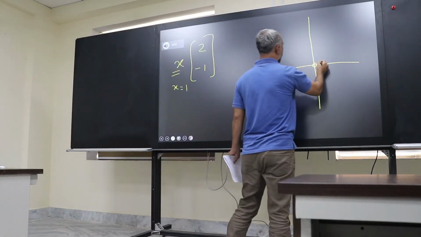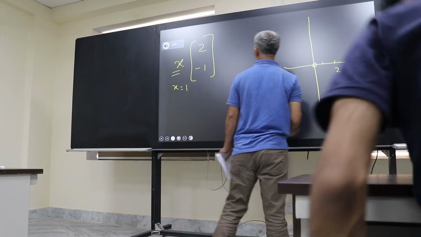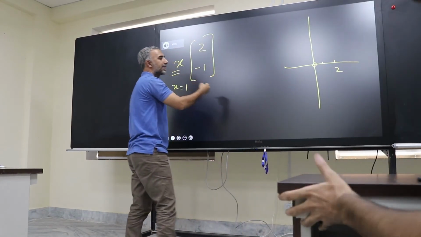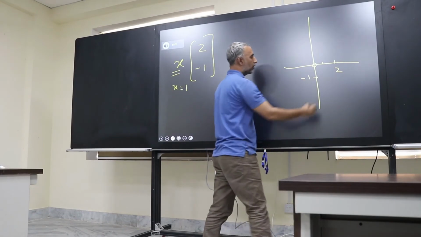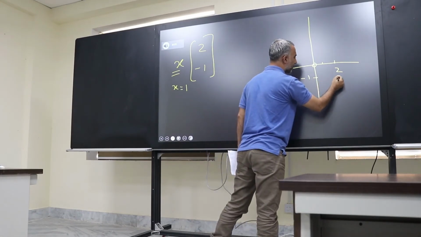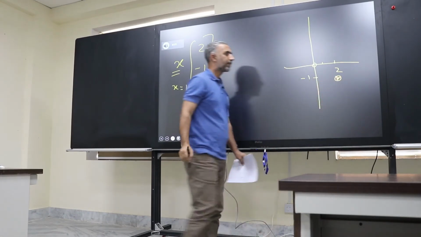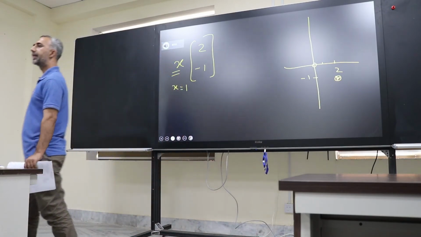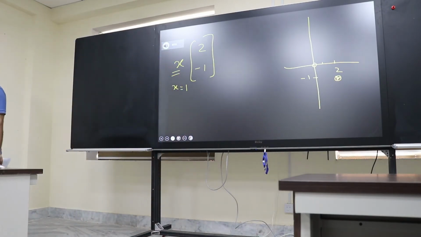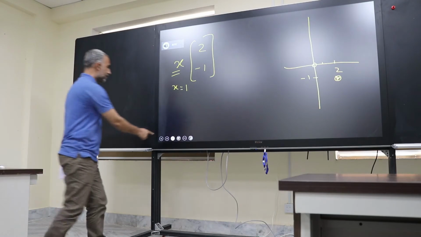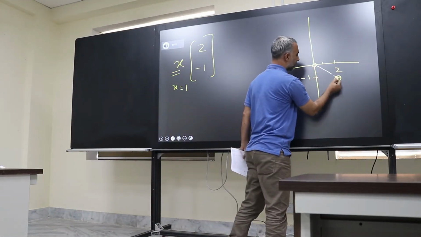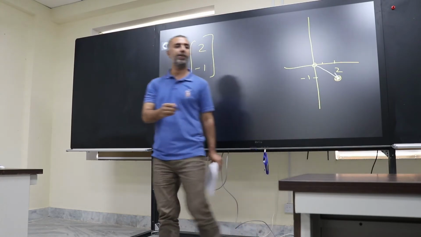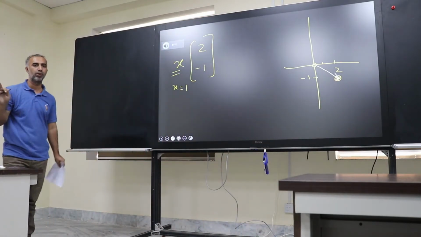So for 2, what is the value of y? Negative. So at this point somewhere. Is it okay? Yes. We are talking about the region, it is going like this.